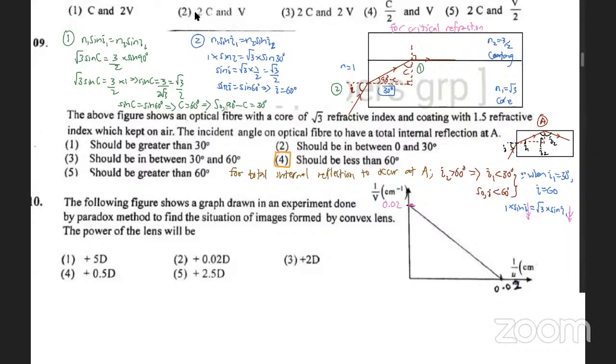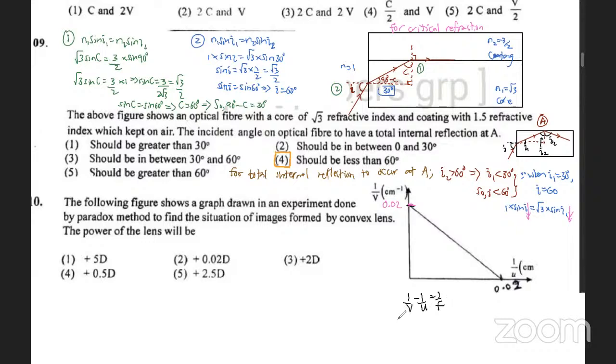That is also 0.02, because when you draw a graph of 1 over V and 1 over U, remember, 1 over V minus 1 over U equals 1 over F. Convex lens, no, people.